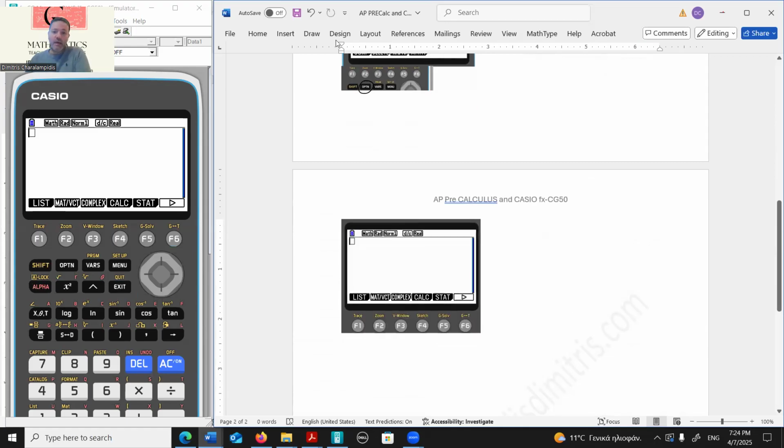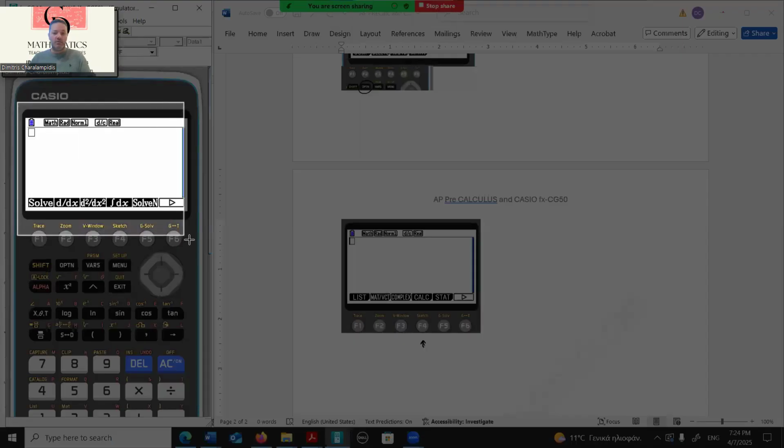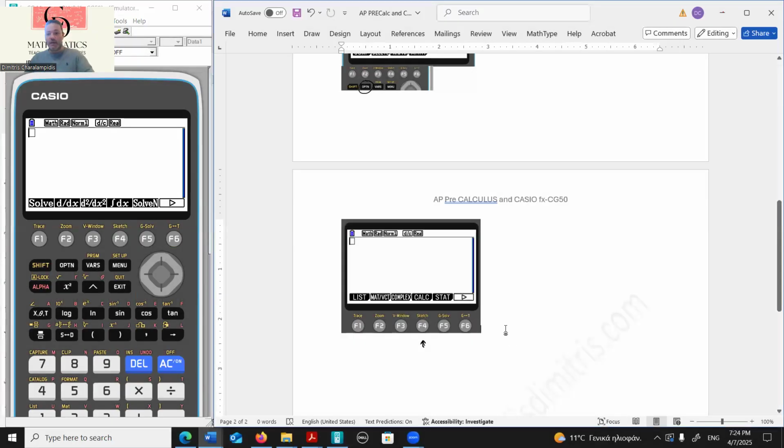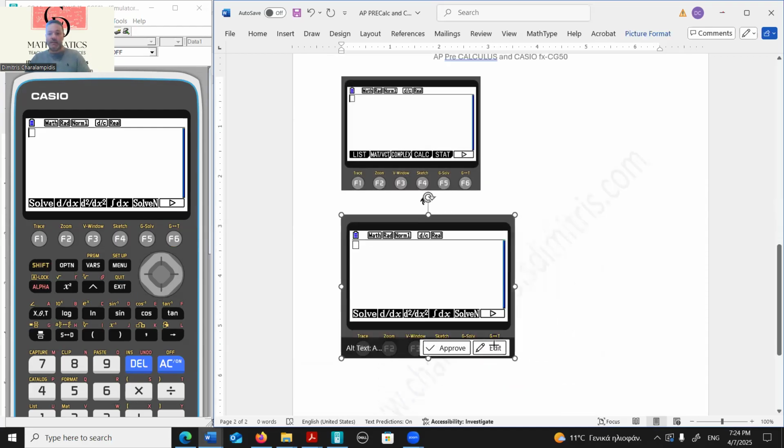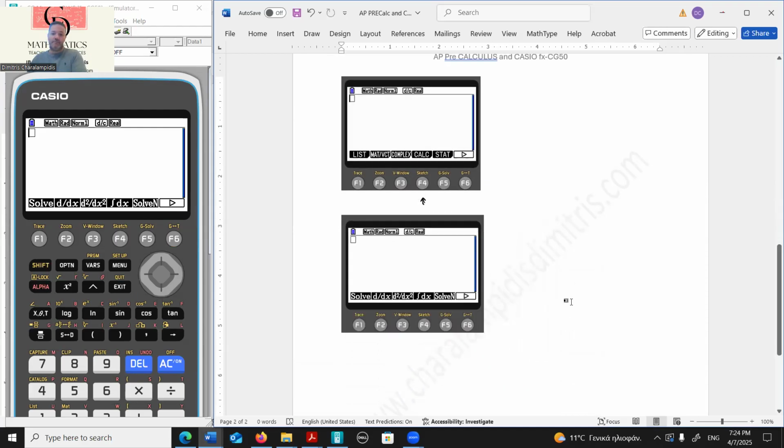In order to apply calc, we just need to click on F4. So F4, and then we need to click on the solve, which can be clicked by pressing the F5.